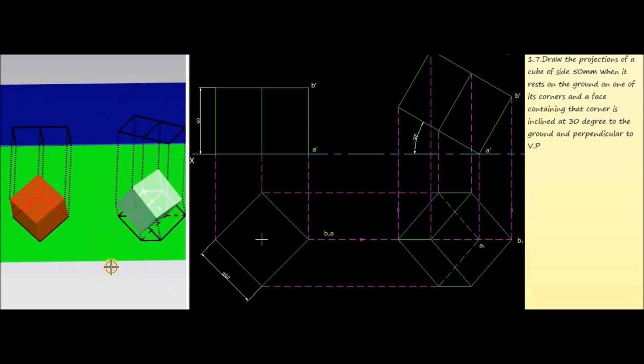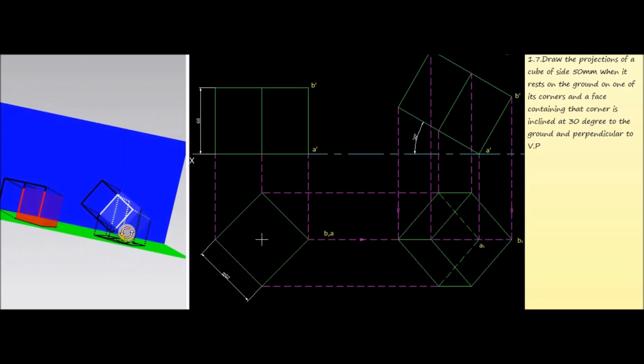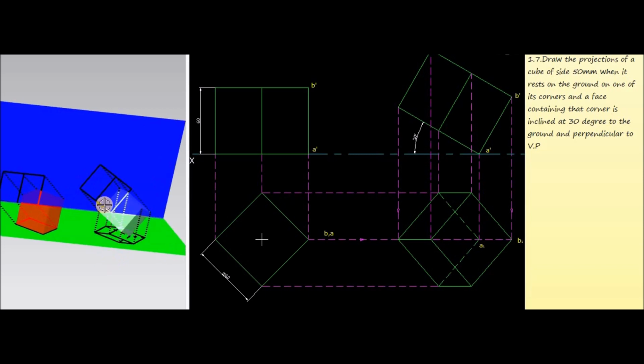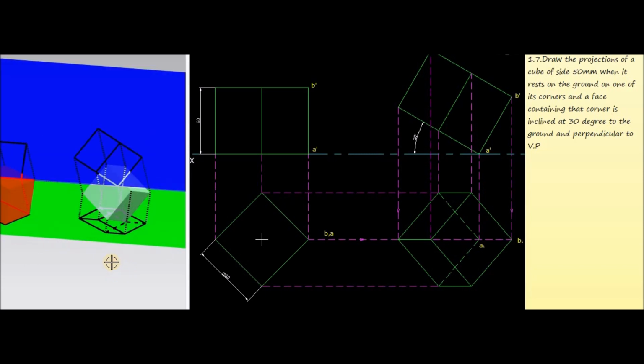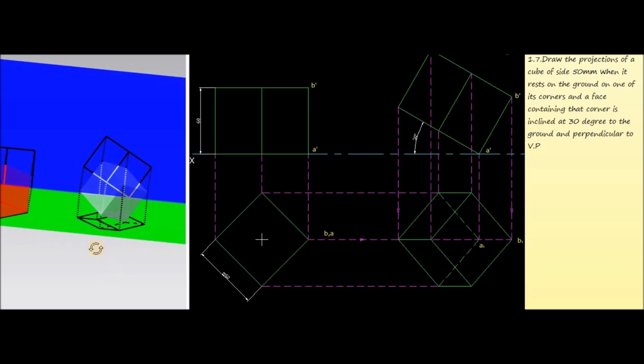So it will be on the horizontal plane. Now the second condition, we have to tilt the cube at an angle of 30 degrees in such a way that the bottom corner makes 30 degrees with the horizontal plane and the face is perpendicular to VP. Now this is the condition. Again when we are looking from the front side, we have to project all the corners to the vertical plane.